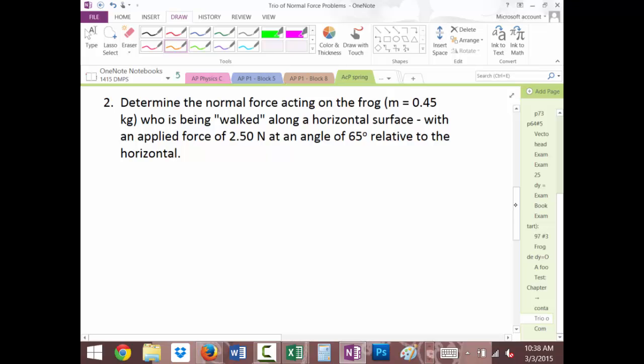That's me pulling on him, okay? A force of 2.5 newtons at an angle of 65 degrees relative to the horizontal. Before we do anything, I want you to think about it for just a minute. Is the normal force going to be the same as it was in the first question?